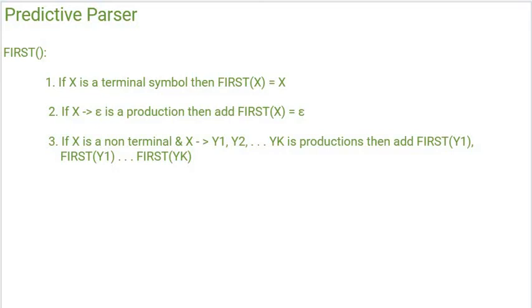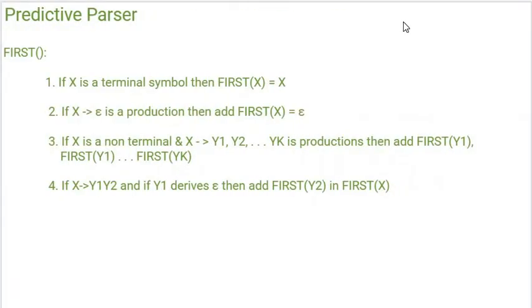So the meaning of the third rule is that when we have multiple productions for a non-terminal, to compute the first of the non-terminal, we have to find the first of all the production rules, compute first of y1, first of y2, like that, and perform the union operation.